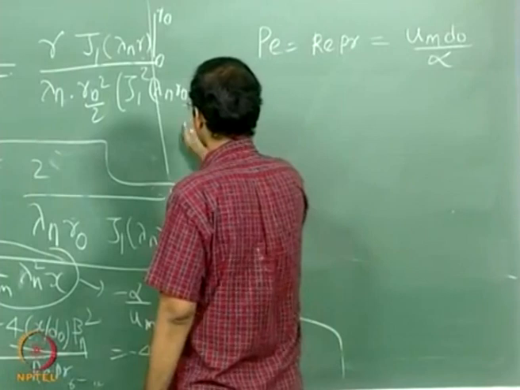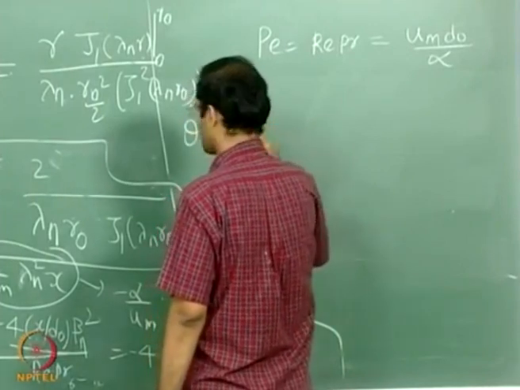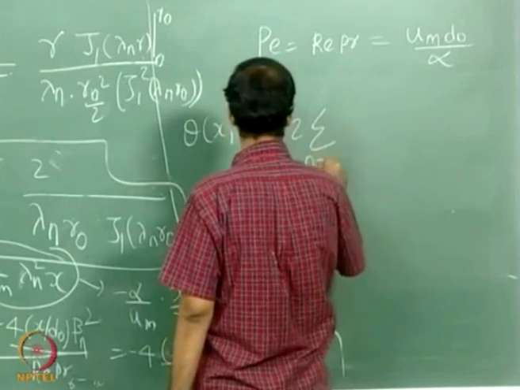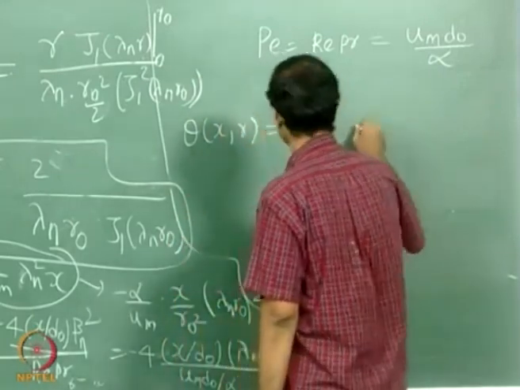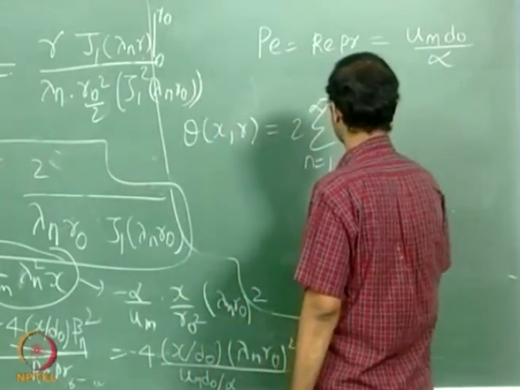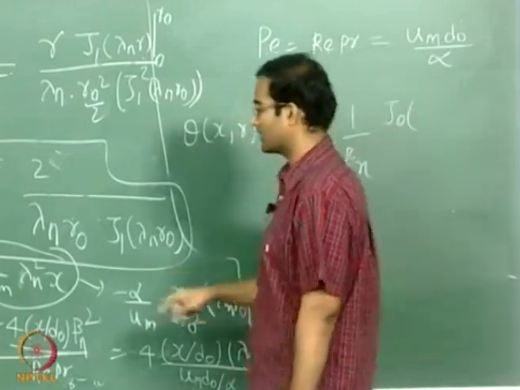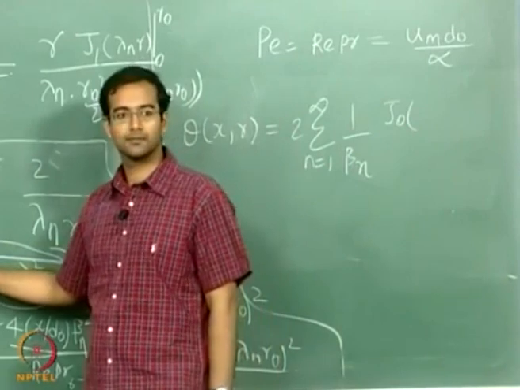Therefore in terms of the non-dimensional form you can describe your theta as twice the sum n equal to 1 to infinity of 1 by beta n J naught. Now how do you write lambda n r?